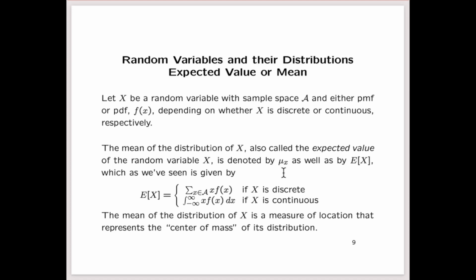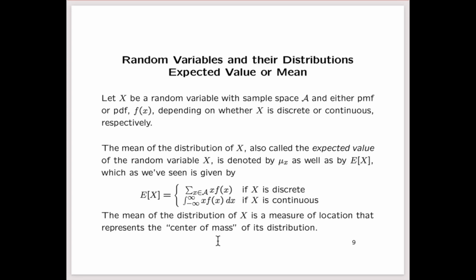So the mean of the distribution of x is defined to be the expected value of x, and we've seen how to calculate that a few slides back. So that is the definition for the mean of a distribution.